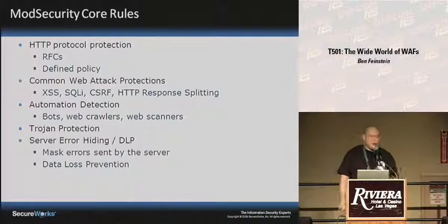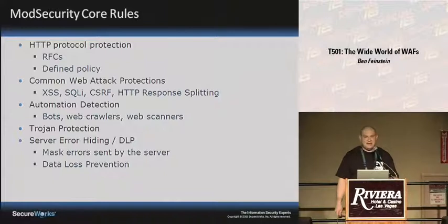So the core rules: without any rules, ModSecurity doesn't do anything. It just processes requests and passes them through, running almost like a proxy. The core rules are available from modsecurity.org. They're under the GPL v2 license. They offer some main areas of protection. One is controls around the HTTP protocol.